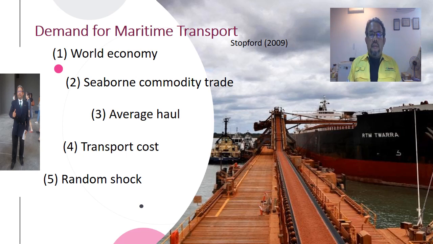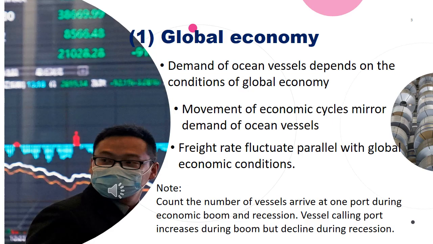These 5 variables are number 1, the world economy, number 2, the seaborne commodity trades, number 3, the average haul, number 4, the cost of transport, and number 5, the random shocks that occur in the world. Now, let's discuss in detail each variable related to the demand of maritime transport.